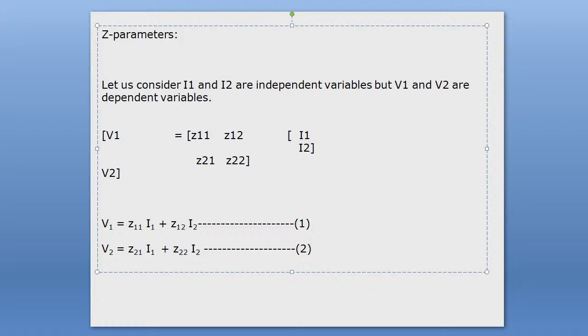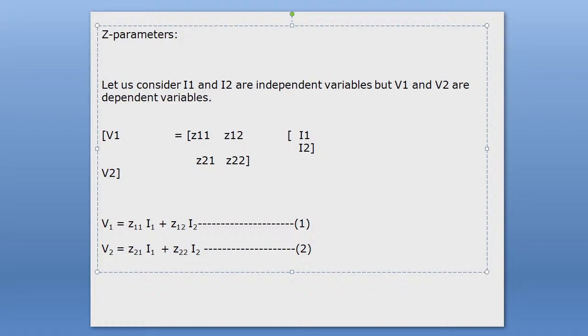Now we can write V1 and V2 in terms of I1 and I2. Therefore, equation 2 signifies the dependency of the voltage variable on the current variable. V1 equals Z11 I1 plus Z12 I2, V2 equals Z21 I1 plus Z22 I2.